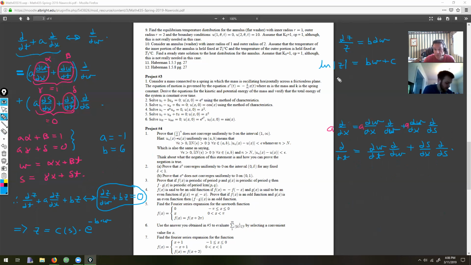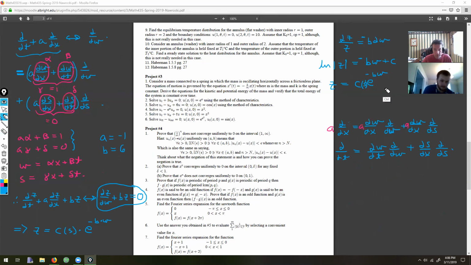Then you take e of both sides, and you end up with Z equaling some constant times e to the BW. I do need a negative right there, and right there, and right there. Now that constant could be a function of S because we have that other variable in here, so that C is actually a function of S.